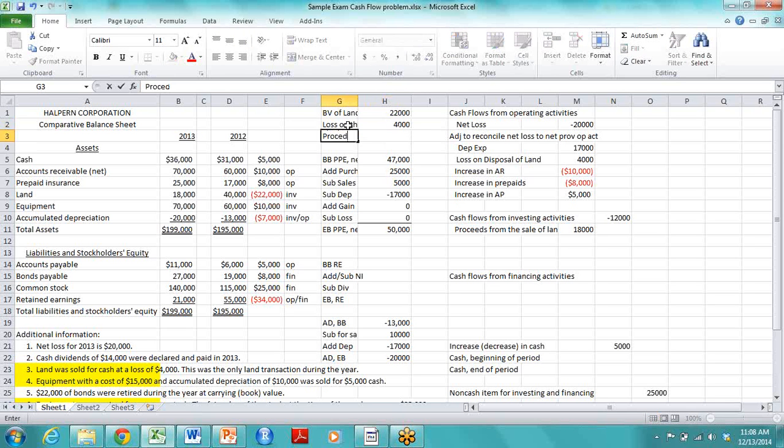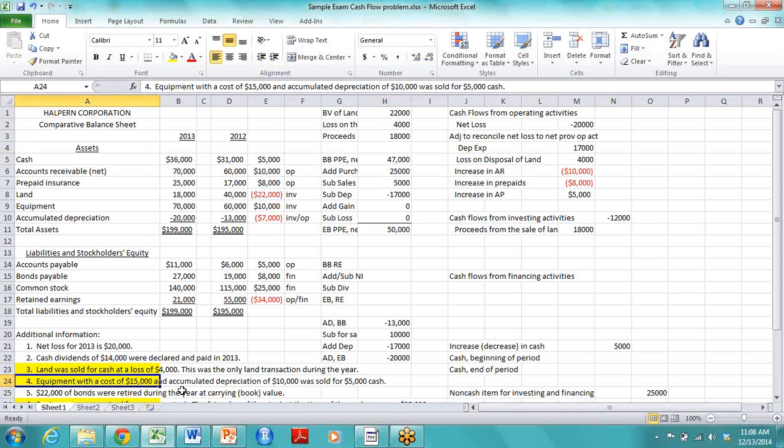So the proceeds that we must have received are going to be $22,000 less $4,000, or $18,000, because if it had a book value of $22,000 and we had a loss on it, we must have got less cash than the book value. So that's how we get the $18,000. And then we're going to do the same thing for equipment.